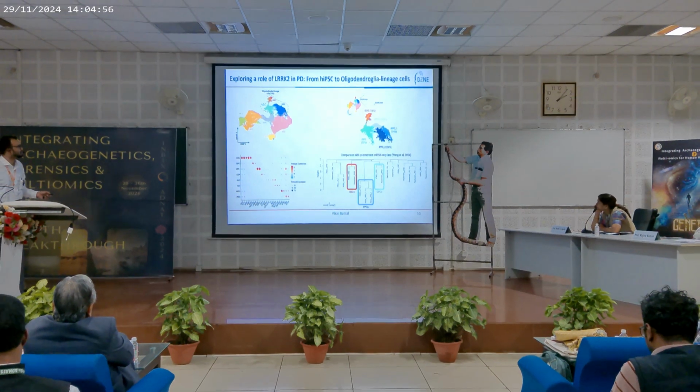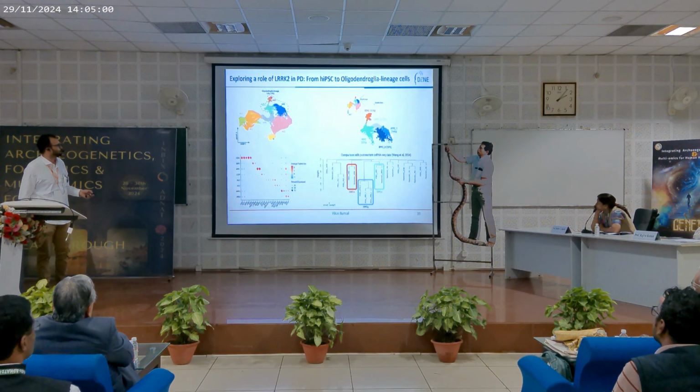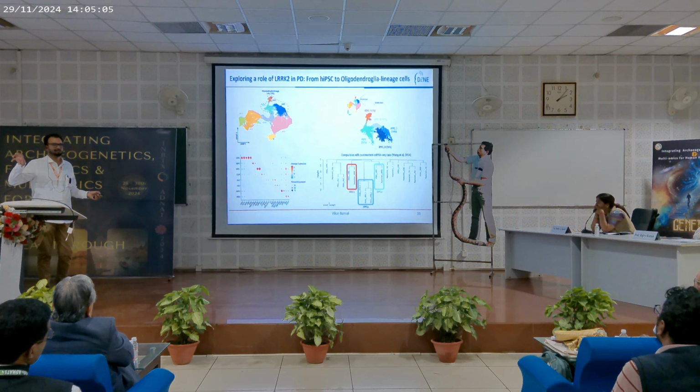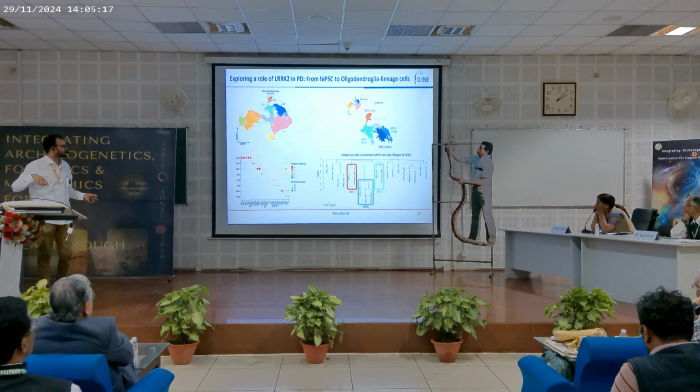Here we have done the subclustering of this population, and we call it PPC2, 1, and 0. To confirm this, as we are modeling this in the Petri dish, can we see similarity between the markers in the post-mortem brain and what we see here? Indeed, when we do the clustering with the post-mortem single nuclei RNA-seq data, we see ODCs cluster very nicely with the post-mortem ODCs, and same for the OPCs.